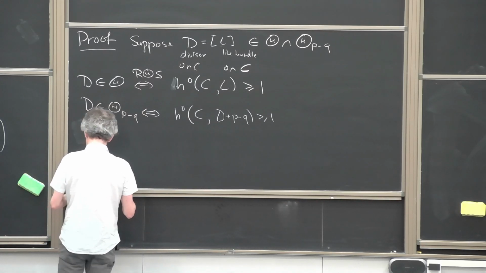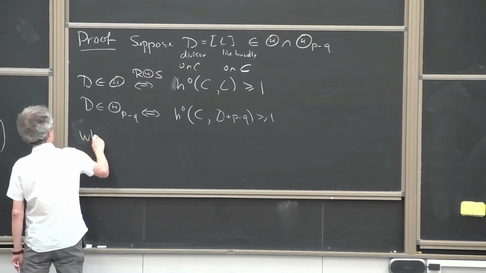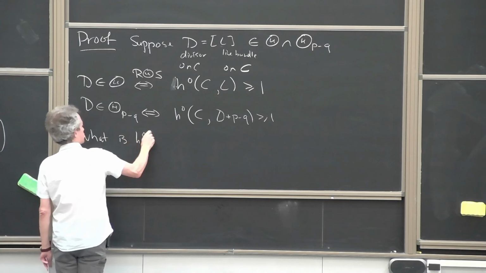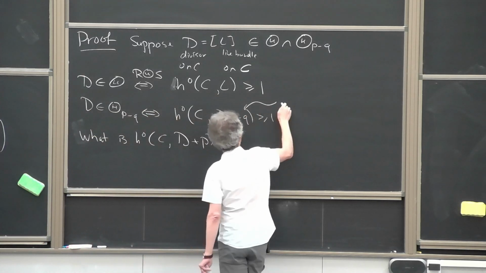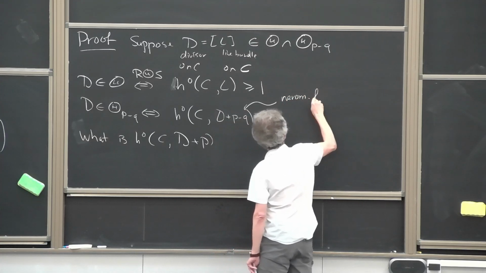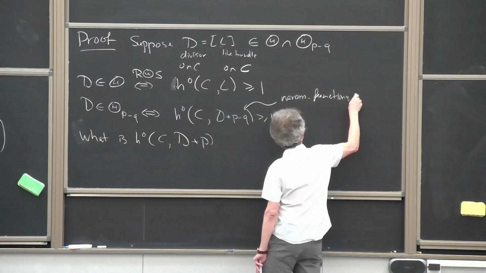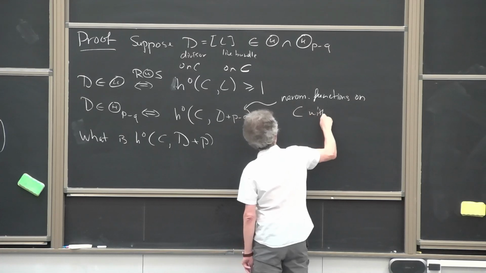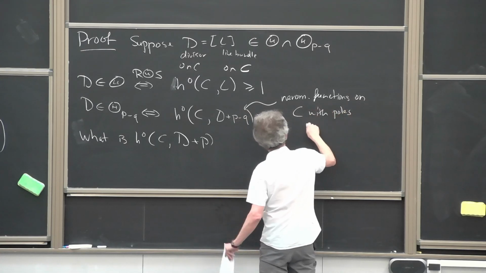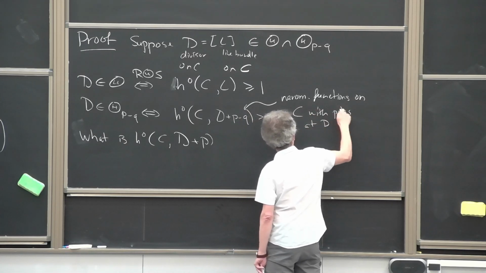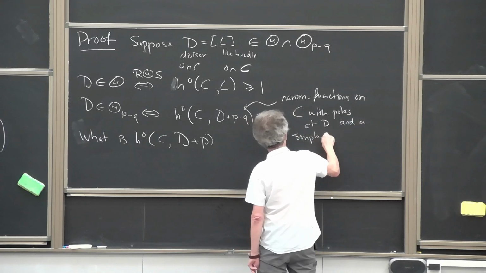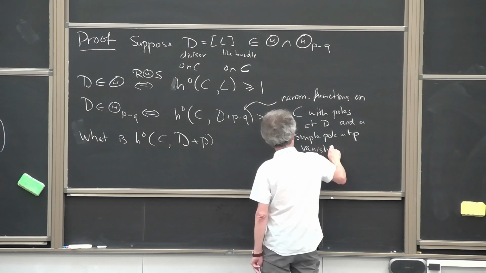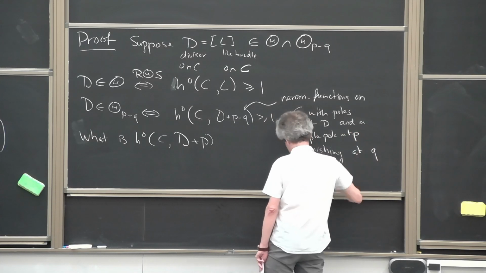So let's try to understand what is the dimension of the space of sections of D plus P. So what are these again? These are meromorphic functions on C with poles at D, simple poles, and a simple pole at P, vanishing at Q, right?